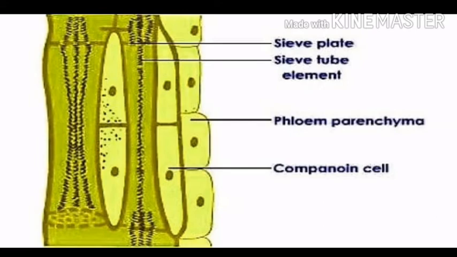Therefore, the transportation system is slower in comparison to animals. The plant's transportation system contains vascular tissues of two types. These vascular tissues in plants are known as xylem and phloem, which we have already discussed earlier.